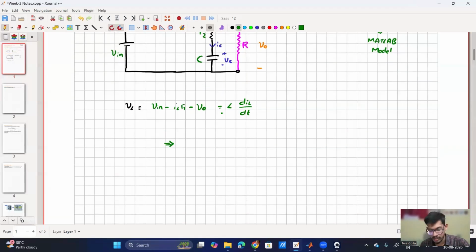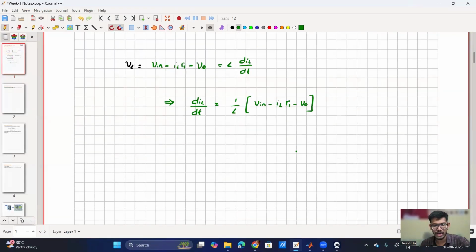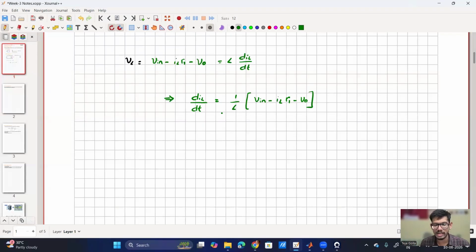Now I will write dIL by dt equals 1 by L into Vin minus IL into R1 minus V0. So now let me try to represent this in terms of MATLAB blocks. How do I represent it?